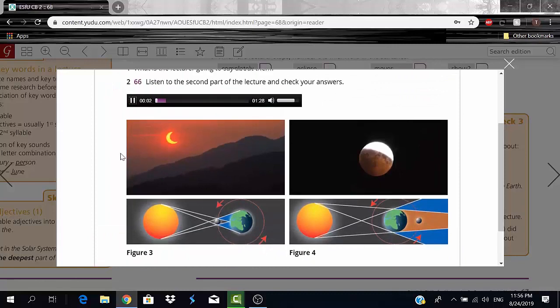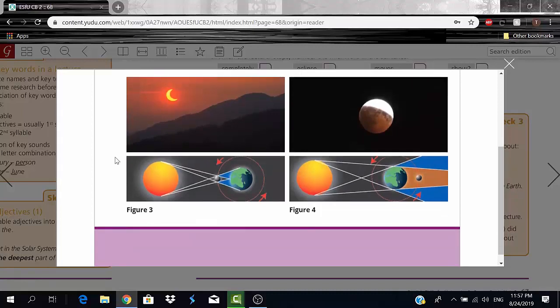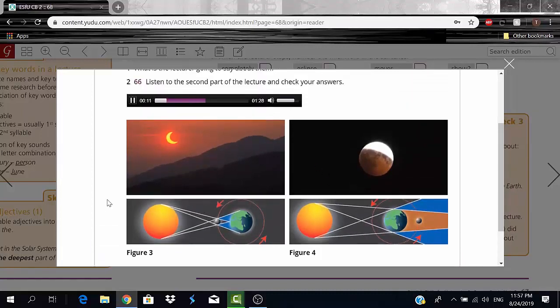66. Exercise F2. Listen to the second part of the lecture and check your answers. Okay, so that's an eclipse of the sun. Now look at the photograph and the diagram on the right. Okay, everyone got that? Now, this photograph shows an eclipse of the moon. So what's happening here? Well, the Earth is moving between the sun and the moon. On average, 3 eclipses of the moon happen every year somewhere on the Earth.